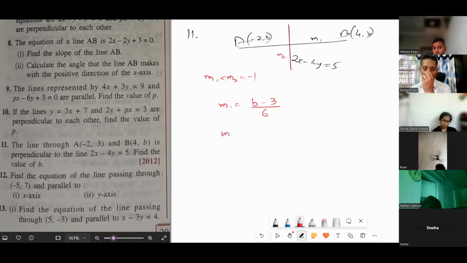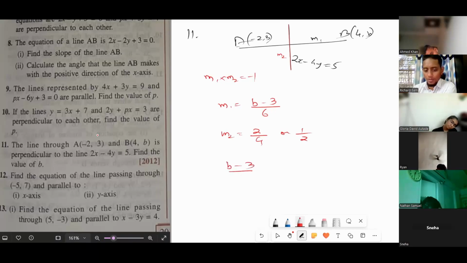Okay, and what is the other line's slope? 2 upon 4, or 1 upon 2. Yeah, and then you multiply these two and you get an equation.